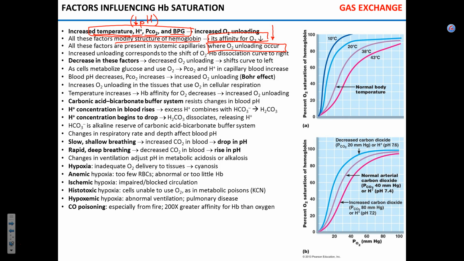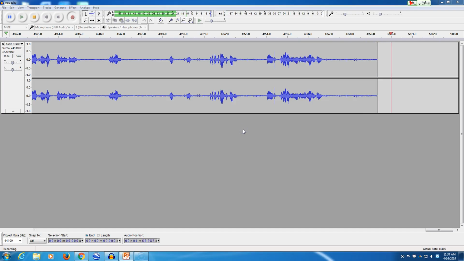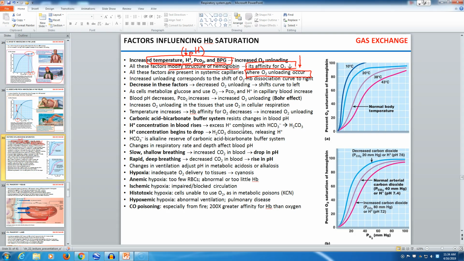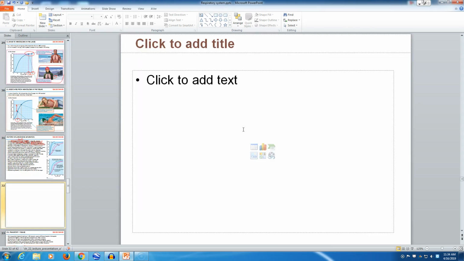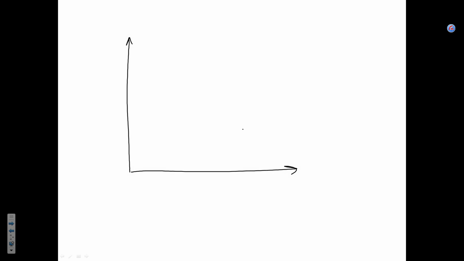Now, let's talk about the curve shift. Actually, I'm going to do something different. Let's see what happens to the curve, and I'm going to explain why the curve shifts in a certain direction. I'm going to draw a hemoglobin dissociation curve for you.